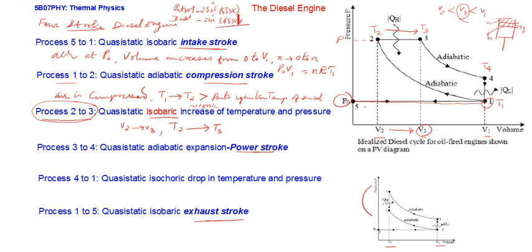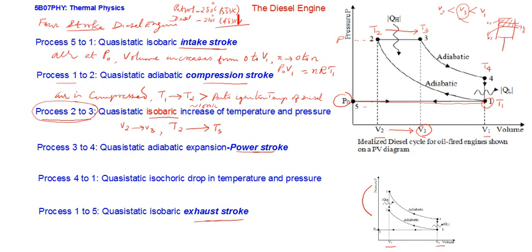Now see, there is one thing. The flow of diesel into the cylinder will be controlled by the fuel injection valve, or the fuel supply valve, and the fuel supply valve will cut off the supply of fuel once a sufficient amount of fuel has entered the cylinder during a cycle.